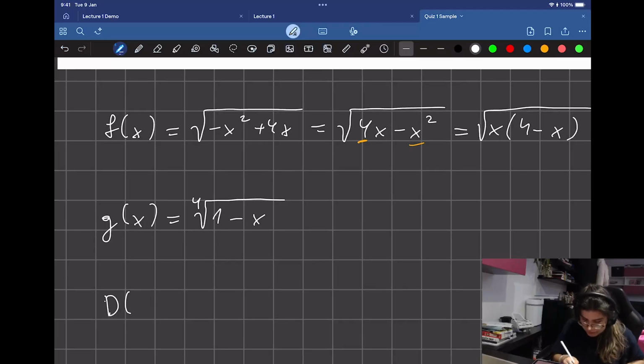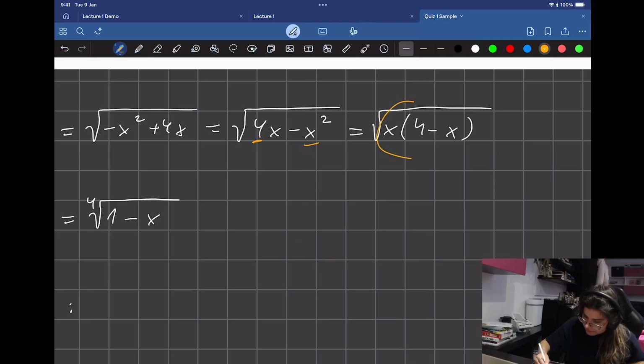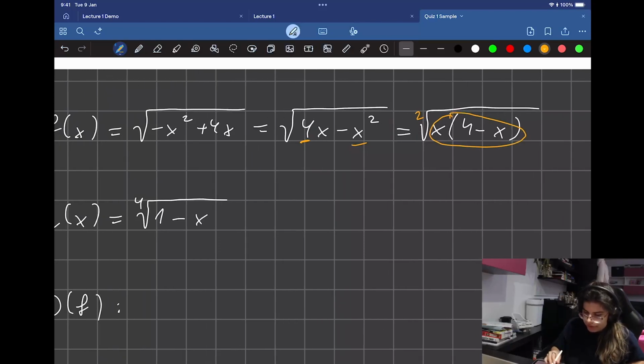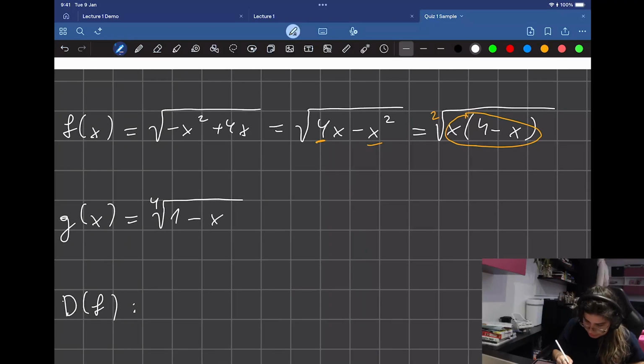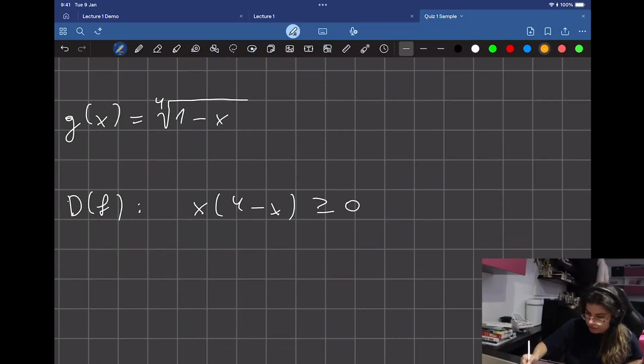So, d of f, we're taking a look at this one first. And as I mentioned, whenever we have an even root, like in this case we have a square root, the thing under the radical has to be greater than or equal to 0, meaning x times 4 minus x needs to be greater than or equal to 0. And now I'll apply the same method as I showed you earlier.